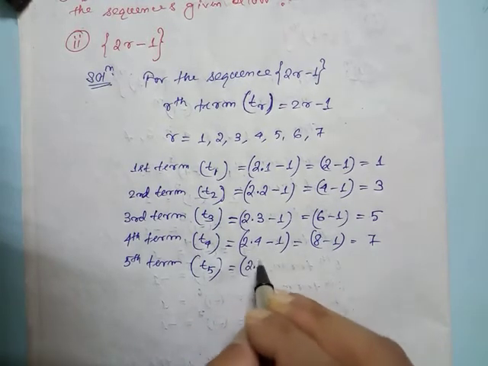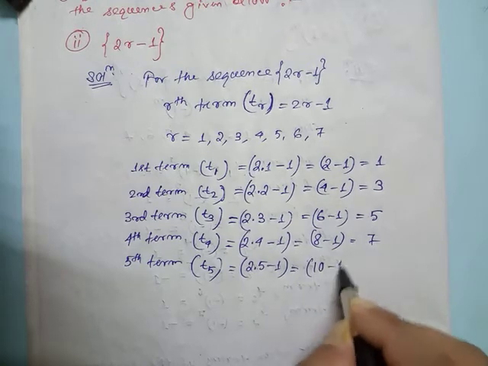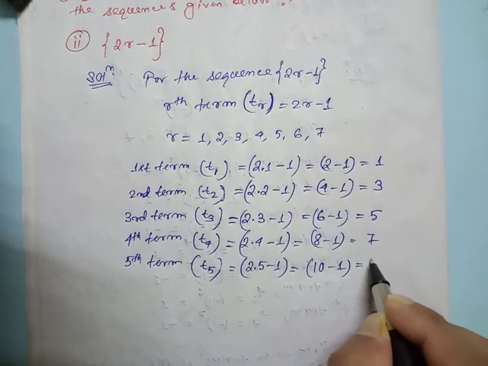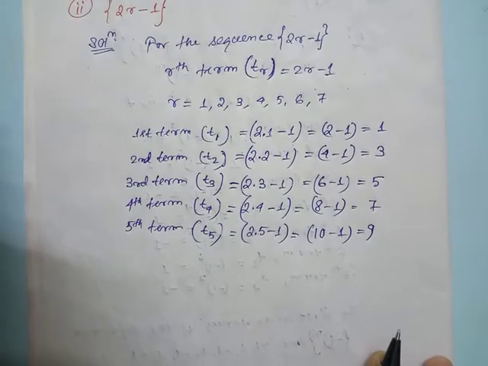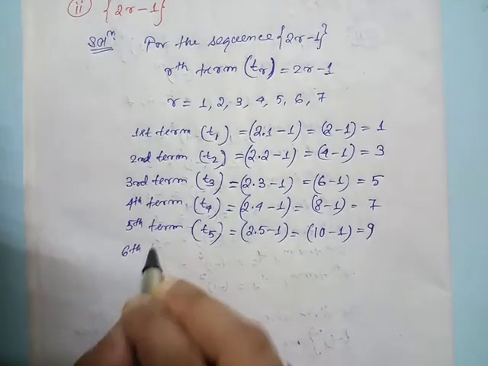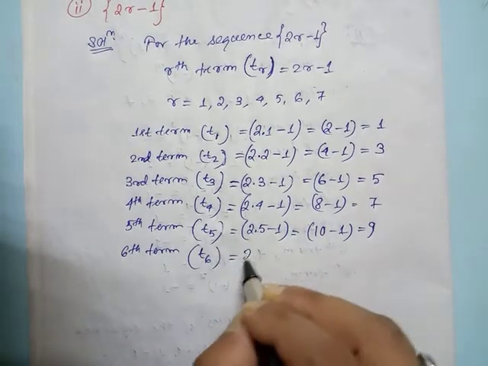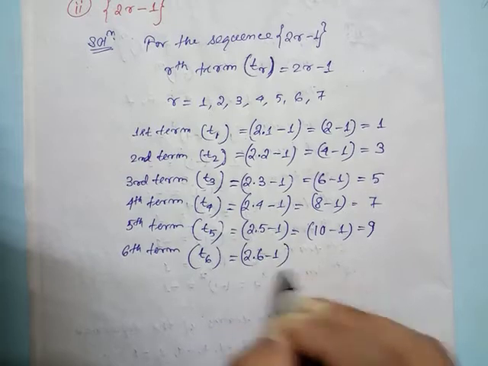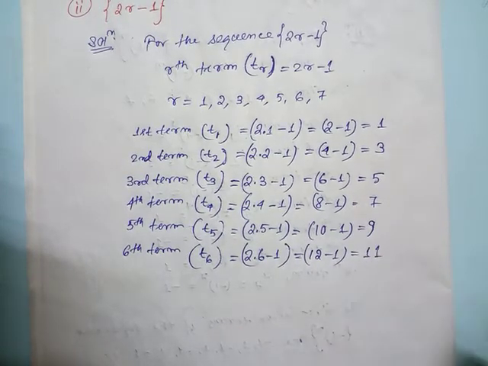Here 2 into 5 minus 1, 5 twos are 10, minus 1, 9. Then sixth term, here it is t6. Then 2 into 6 minus 1, 6 twos are 12, minus 1, which means 11.